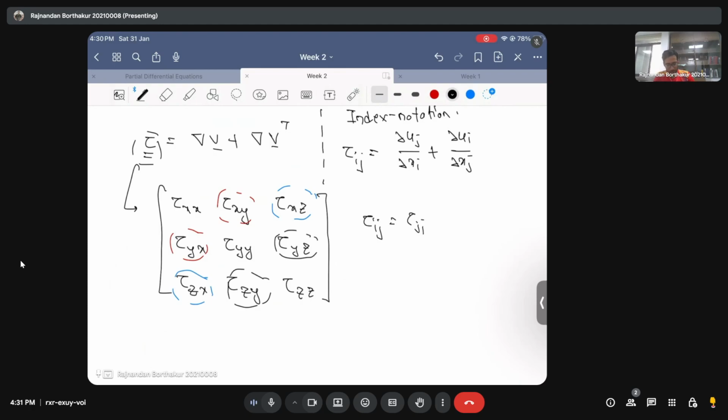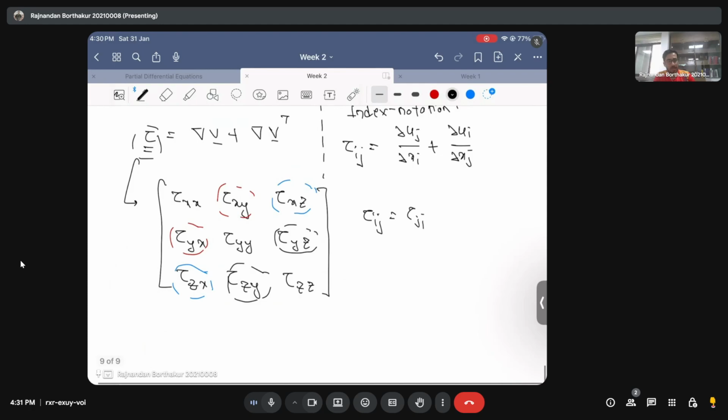Then what you can show is that in the case of a plane fluid flow, or unidirectional flow, you will only encounter tau xy or tau yx, which is precisely mu times del u by del y plus del v by del x.